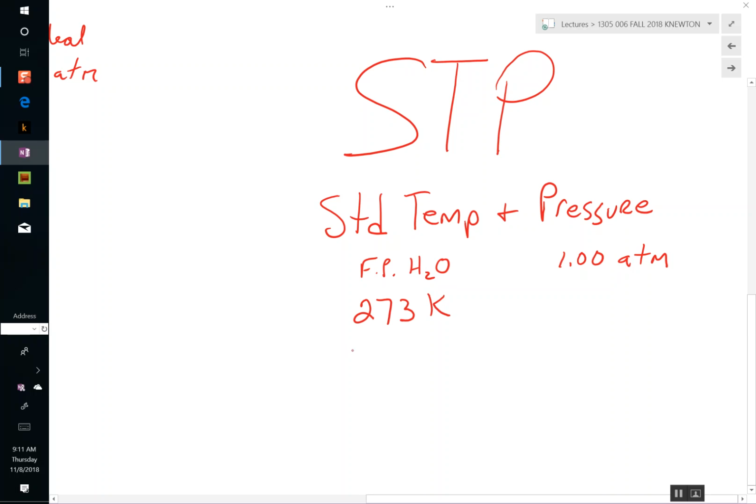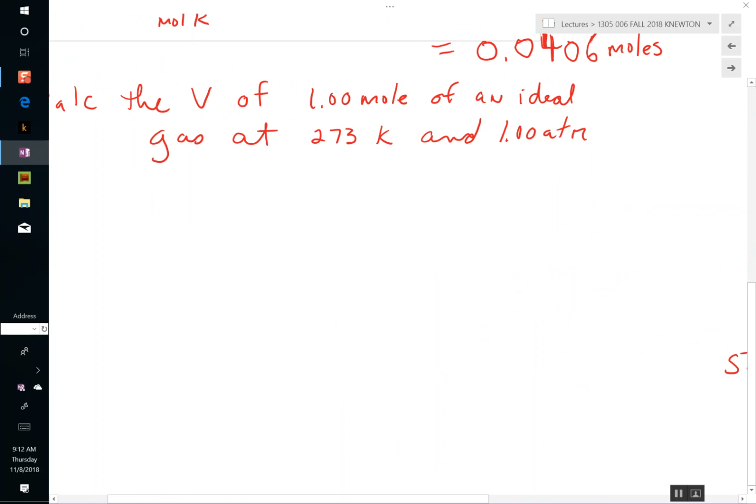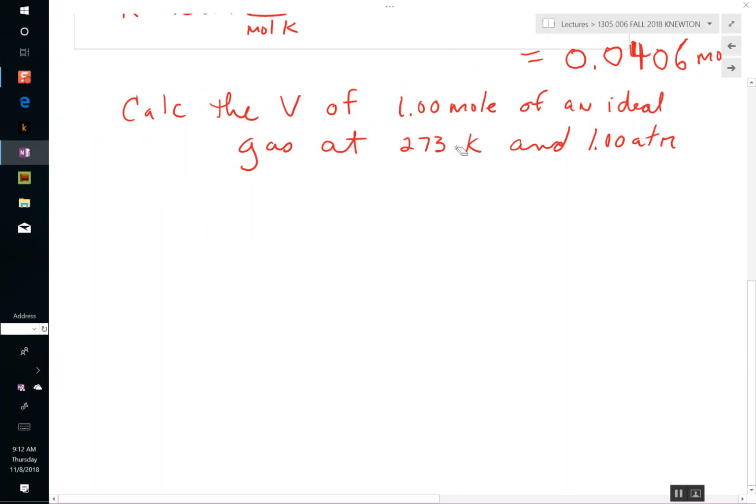So STP corresponds to 273 degrees Kelvin and 1 atmosphere of pressure. So let's rewrite this problem. What is the volume of 1 mole of an ideal gas at STP?